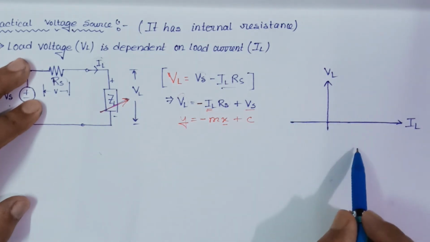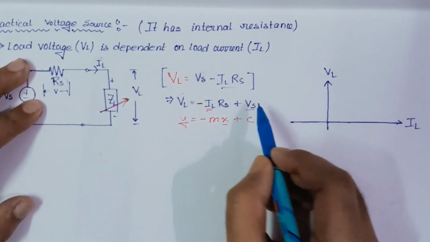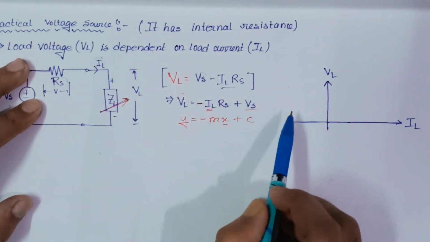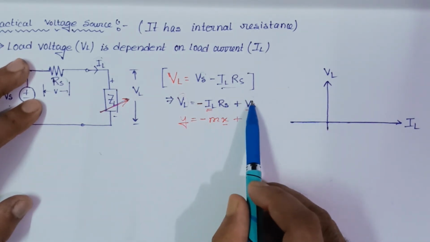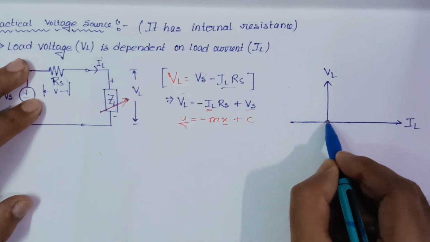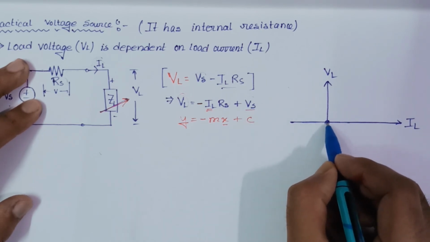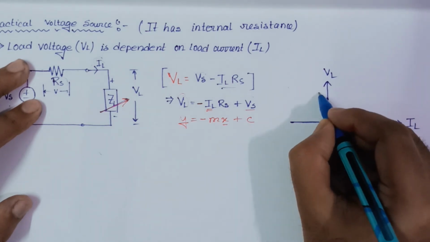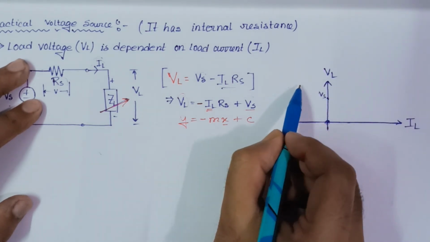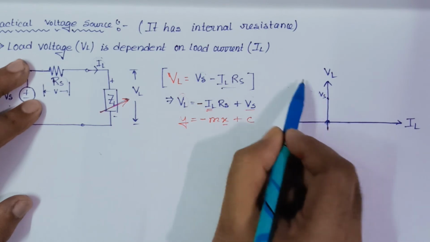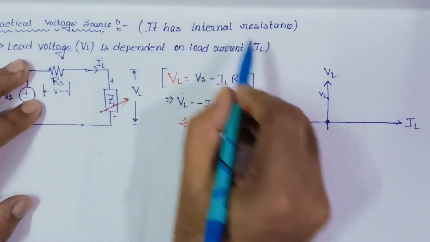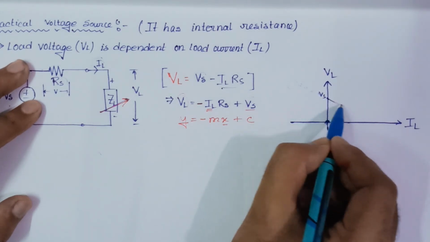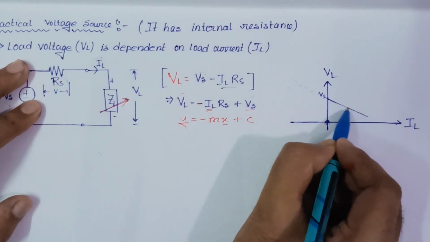So the characteristic curve should pass through the origin, but here there is a value of intercept. If there is no intercept, it will pass through the origin. But here the whole graph is shifted by this Vs value. So instead of passing through the origin, it will pass through Vs, and the curve will be like this. Why? Because the slope is negative, so it will pass like this.